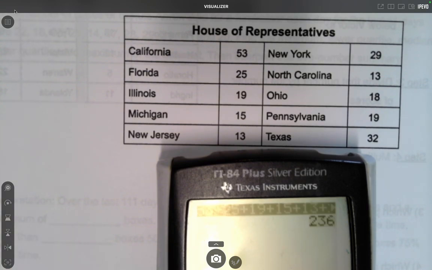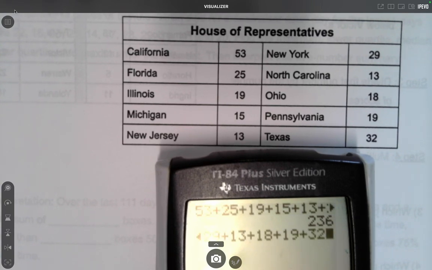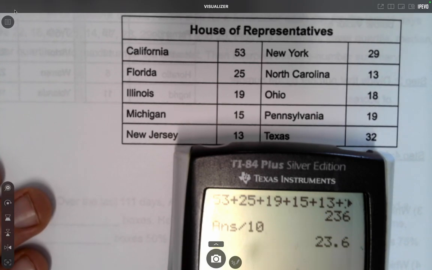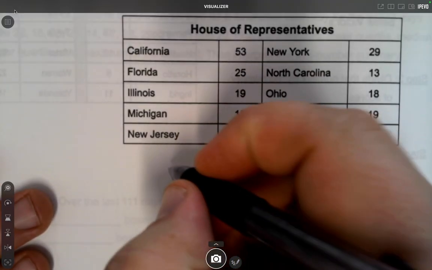Anyway, regardless, it doesn't hurt you to do it more than once just to make sure you typed it all in correctly. But the total is 236, and there's 10 states here, so I divide 236 by 10. So the mean number of representatives that these states get is 23.6.